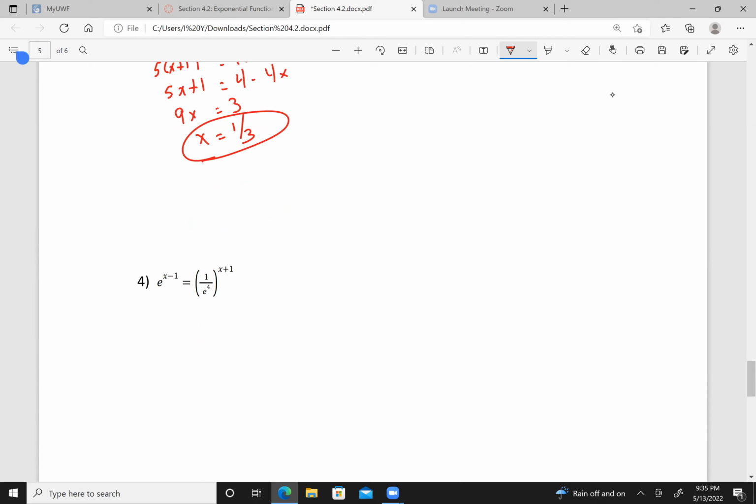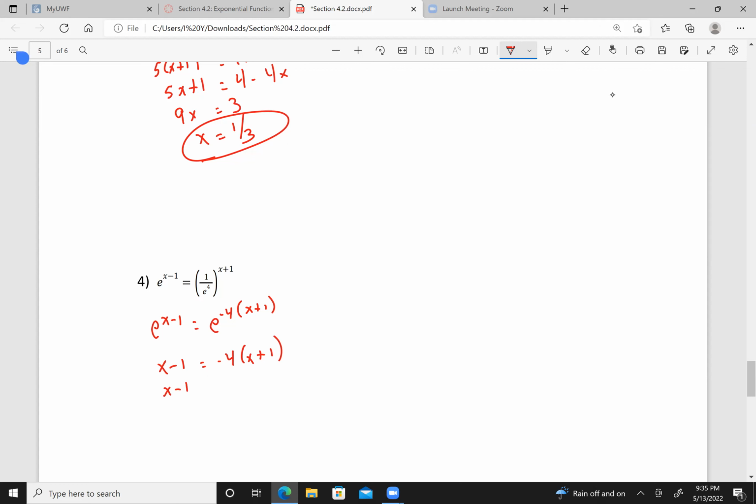Okay, so I have e to the x minus 1 equals 1 over e to the fourth, which is simply e to the negative fourth, then multiplied times x plus 1. So this is telling me that x minus 1 is equal to negative 4 times x plus 1.